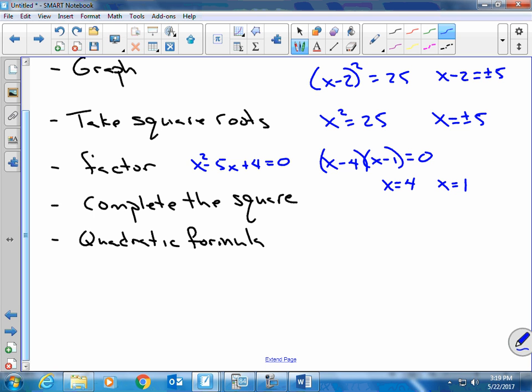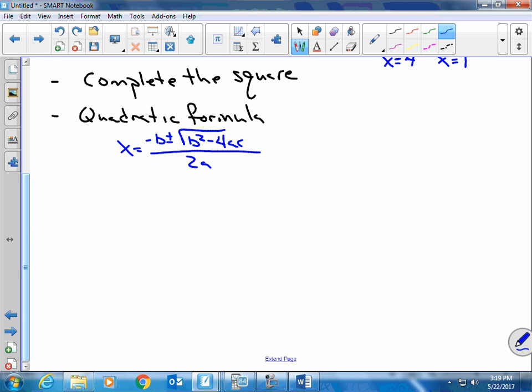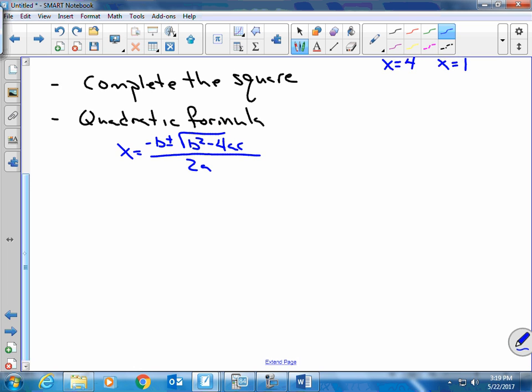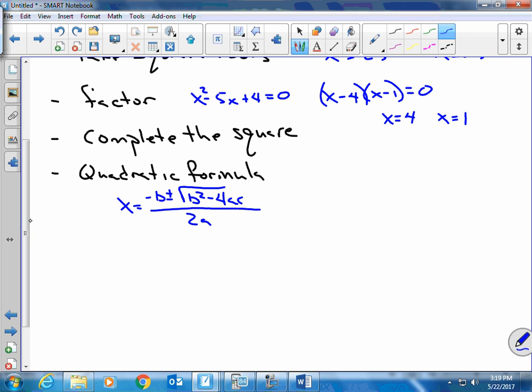So remember the quadratic formula. x equals negative b plus or minus the square root of b squared minus 4ac, all over 2a. And we generated that from completing the square on our basic quadratic equation. So I'm going to solve the exact same equation I have right here so we can see we get the same answers.